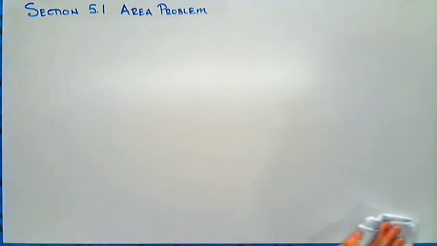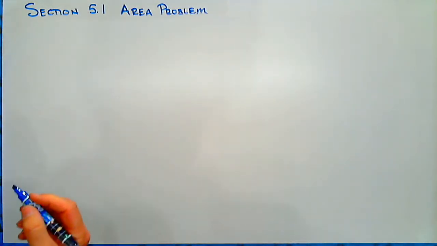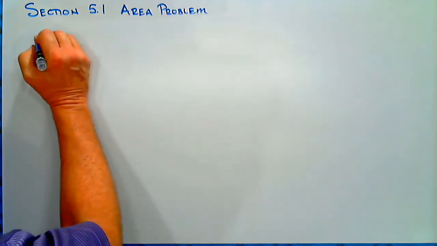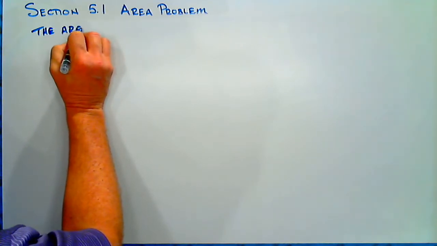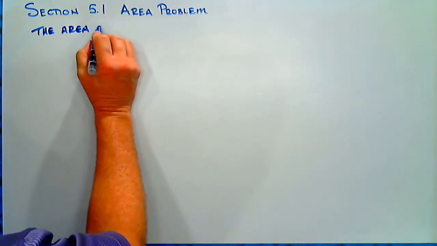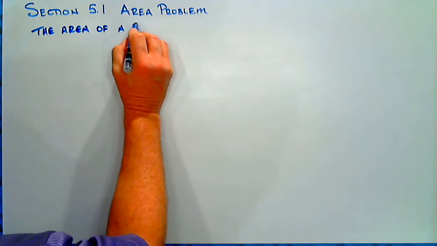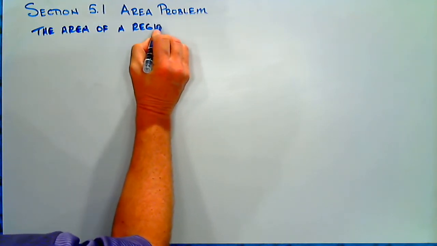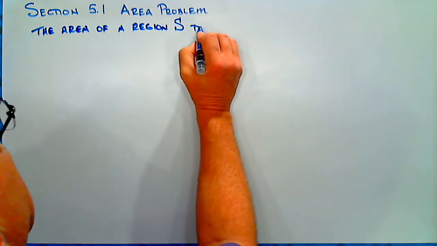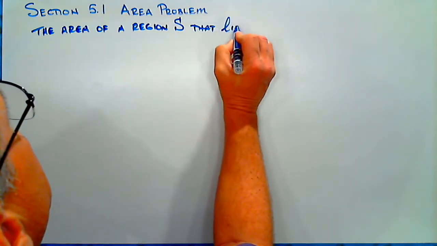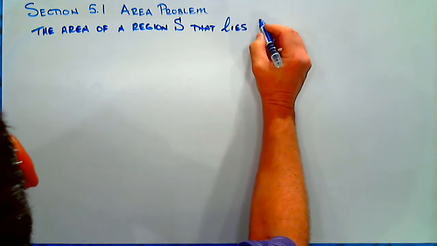So what have we come to as our conclusion? What have we come to? Here's what we've said. The area of a region S, we're going to call it S, that lies under the graph.